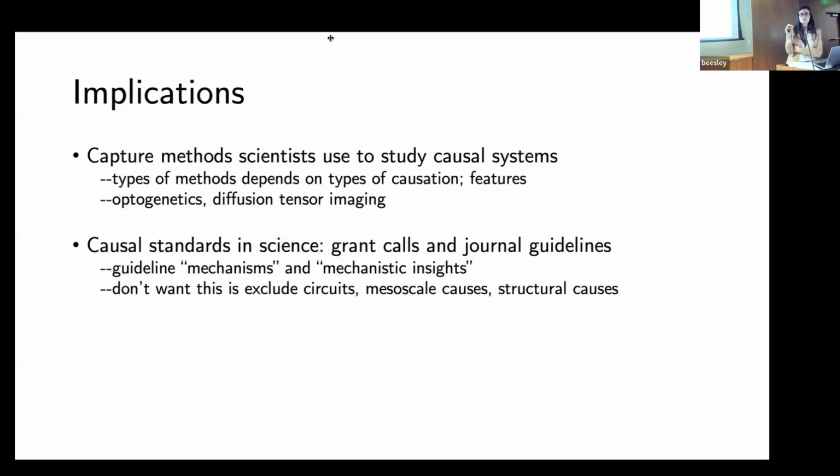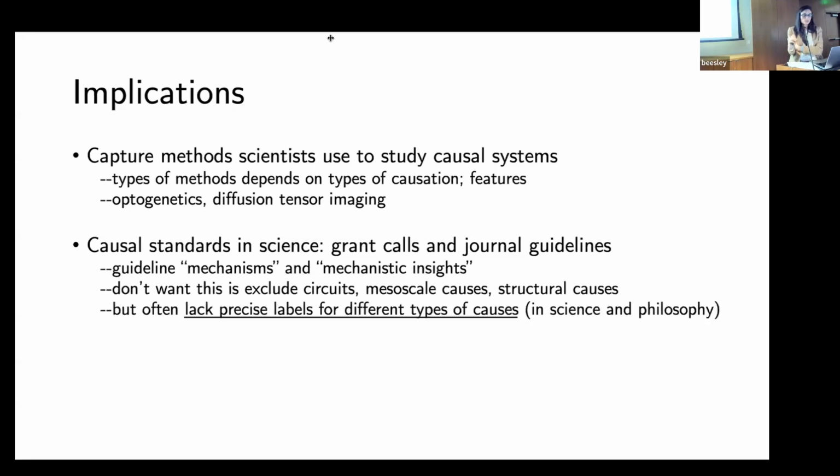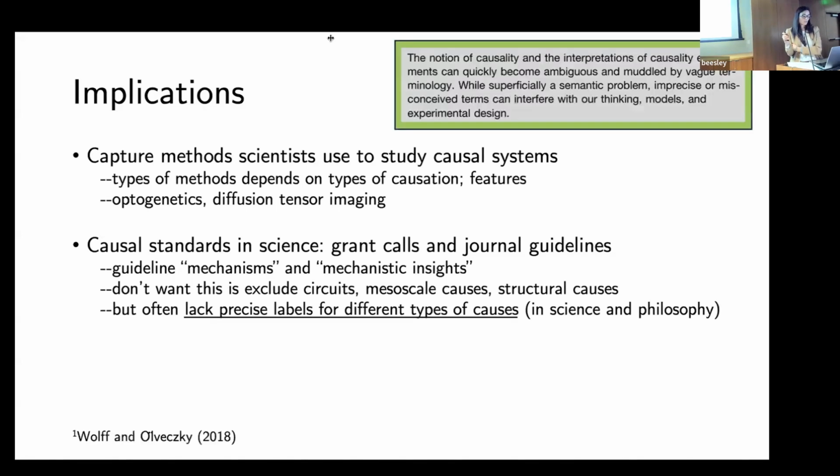We wouldn't want this language and this specification of the standards to exclude research on circuits, on mesoscale causes, on structural causes, on dynamical systems models, computational models that are representing systems in this space. Part of the challenge is that we often lack precise labels for different types of causes and different types of causal systems. And of course, we see this in not just neuroscience, right?